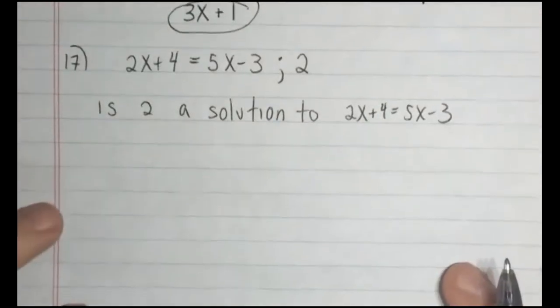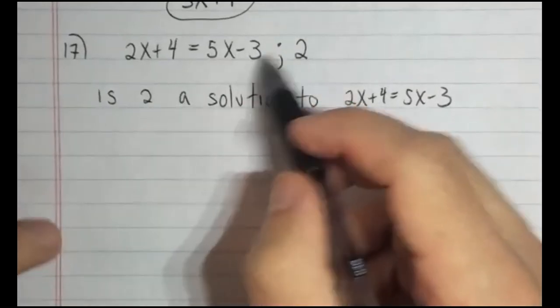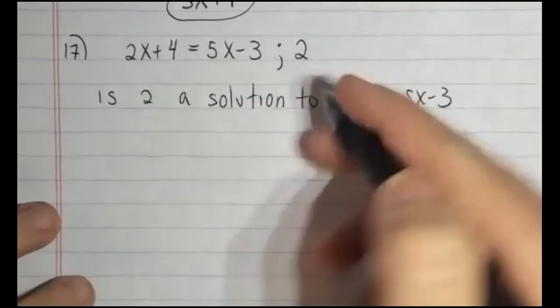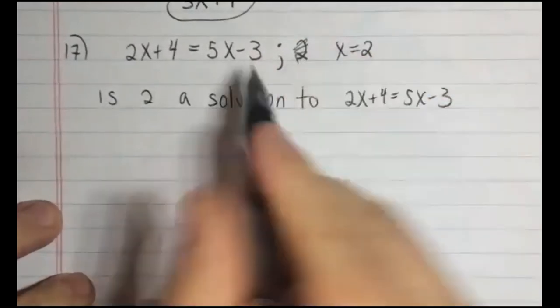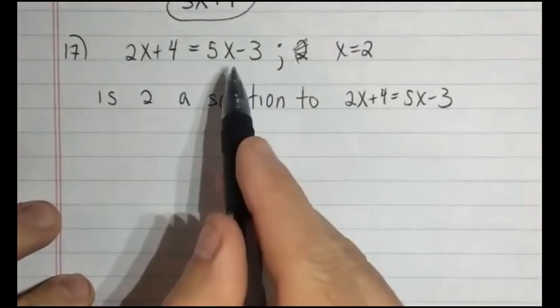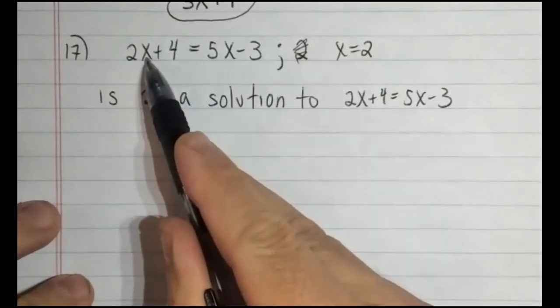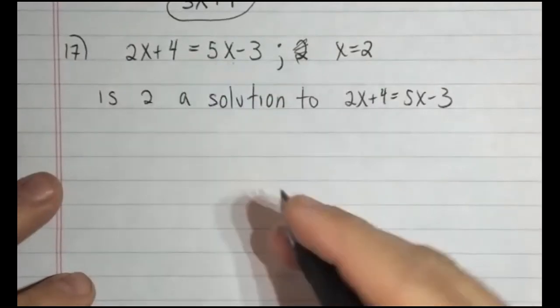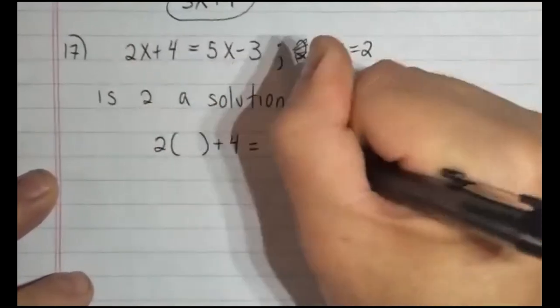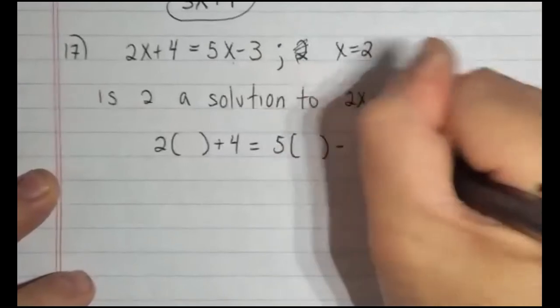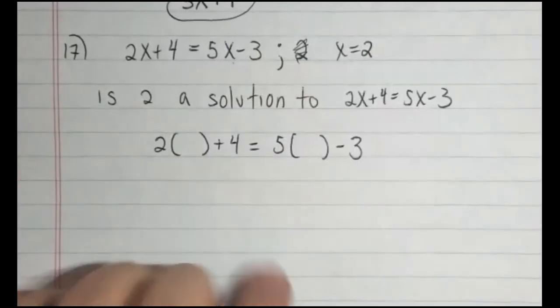When you see it written like this with this semicolon here, they're telling you x equals 2. It doesn't really have anything to do with the problem itself. But they want to know, if you substitute 2 in for the x here and the x here, are these two sides, each side of the equation, going to be equal?